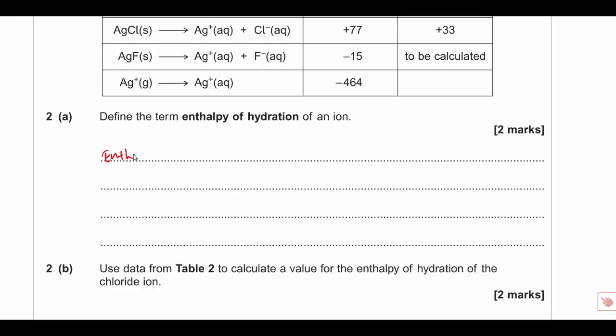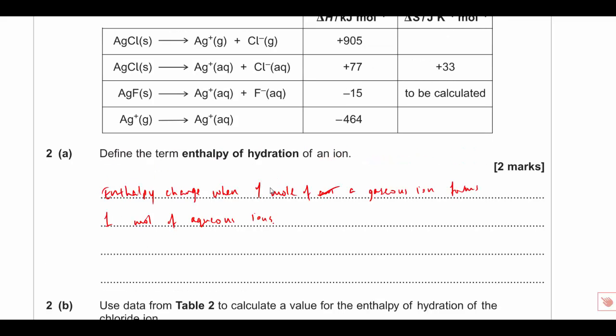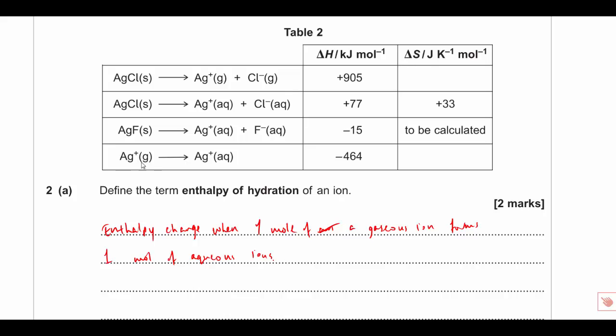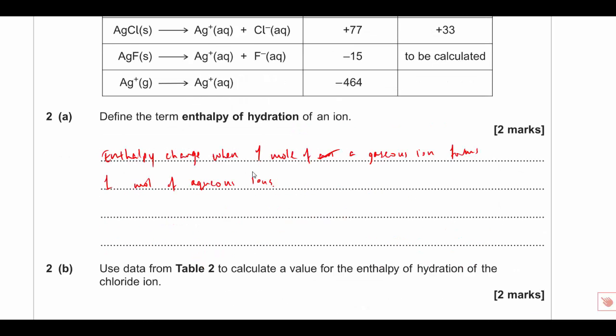So enthalpy change when 1 mole of a gaseous ion forms 1 mole of aqueous ions. Lovely. And that's this change here that we're looking at, I believe. Yeah, that's this change here, hydration.